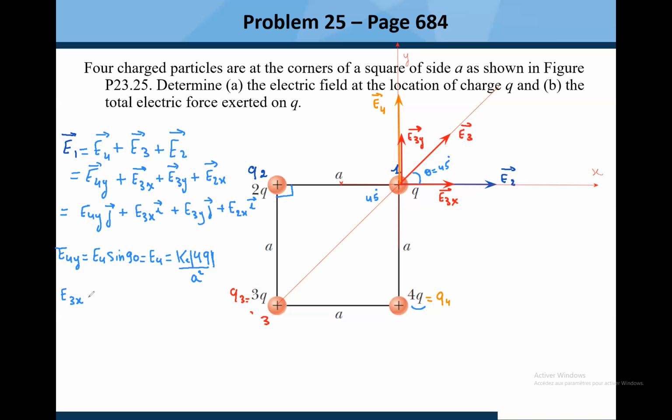So E3x equals E3 cosine, because we took this triangle.